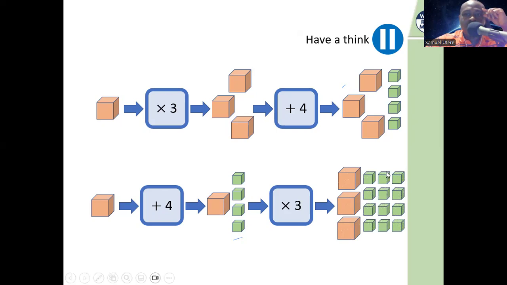So we have 12 green blocks. So you can see, just as we found out when using numbers, that the order of operations of the function machine affects the result. We have also found out using diagrams that the order of operations affects the results also.